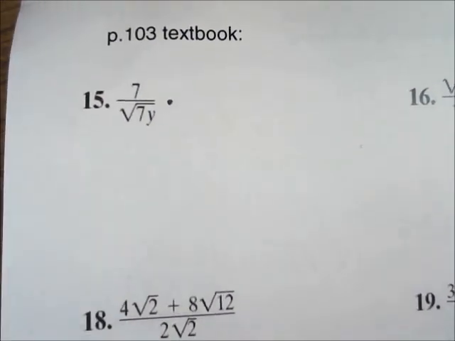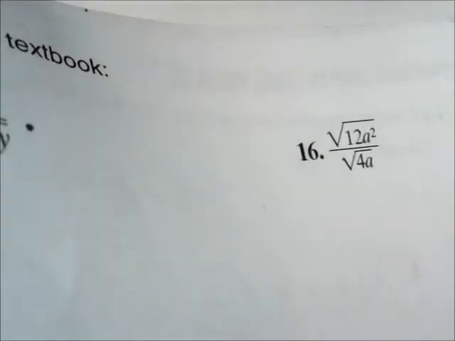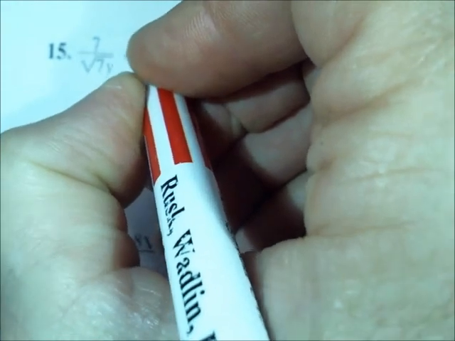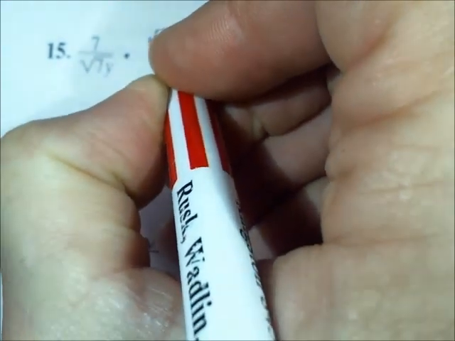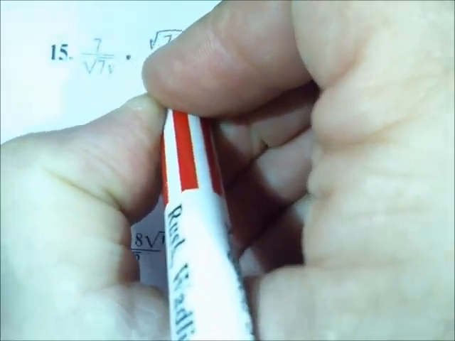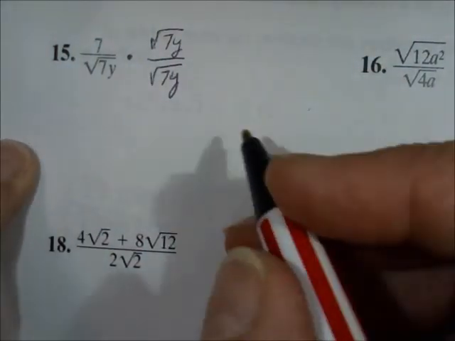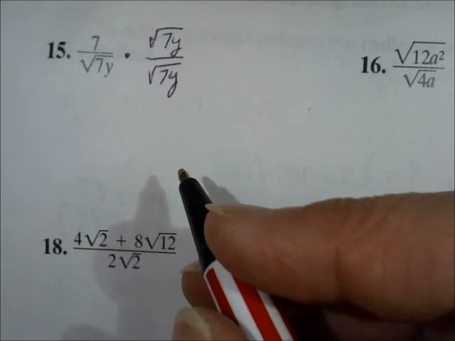And 1 is in the form of the square root of 7y over the square root of 7y.